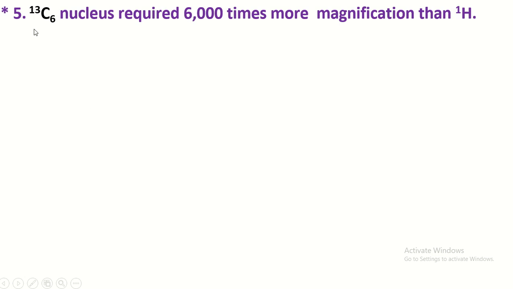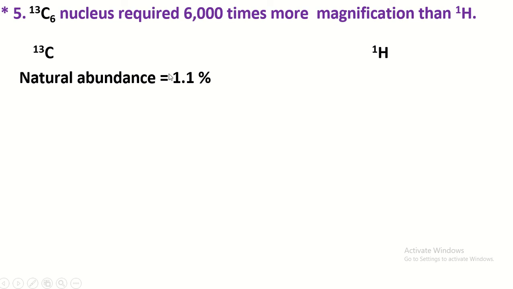Friends, the carbon-13 nuclei require 6,000 times more magnification than the 1H. This means the 1H peak is more intense than the carbon-13 peak by 6,000 times. Why? We know the natural abundance of carbon-13 is 1.1%, and for 1H the natural abundance is 99.98%.